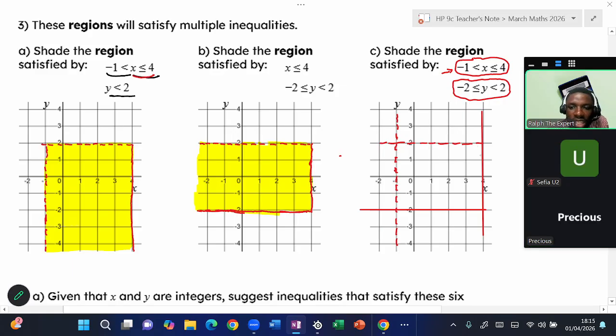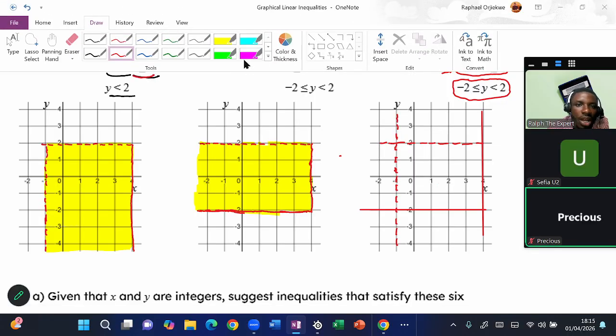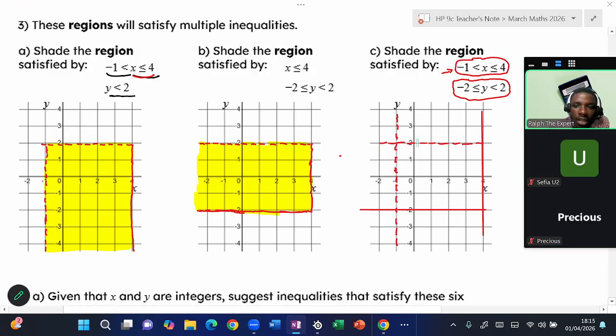So we are shading the center here, right? Yeah. Let me get a highlighter and shade. I will have to make that super accurate. That's exactly what we did in the previous class, and we shaded this. So this is the region.